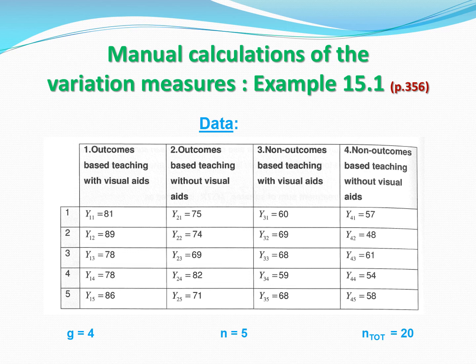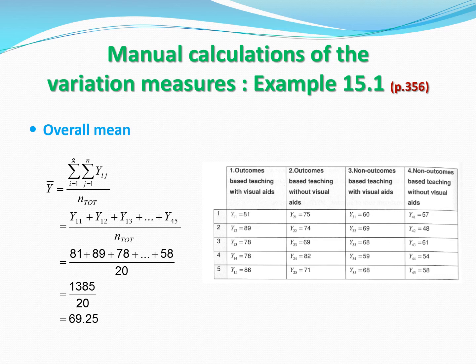Then we had 4 different treatments, so our number of groups will be 4, and there will be 5 observations within each group. We need to start off by calculating our overall mean. So we simply add all 20 observations and then we divide by 20 since our total number of observations is 20. So our overall mean for the study will be 69.25.